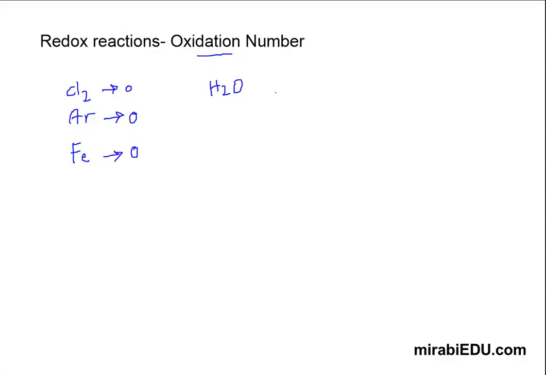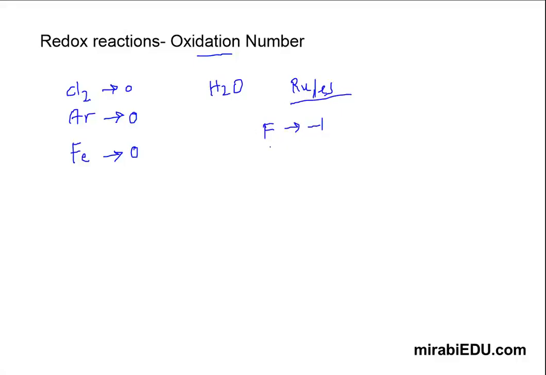There are some rules for oxidation number. Let's review the rules first. For example, fluorine always will be -1. Why? Because fluorine is very electronegative, so whatever atom or element combines with fluorine, it loses electron and fluorine gets electron.